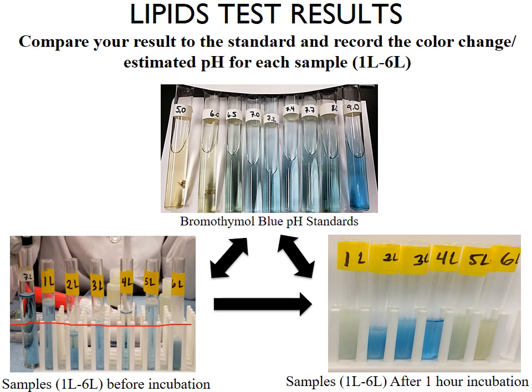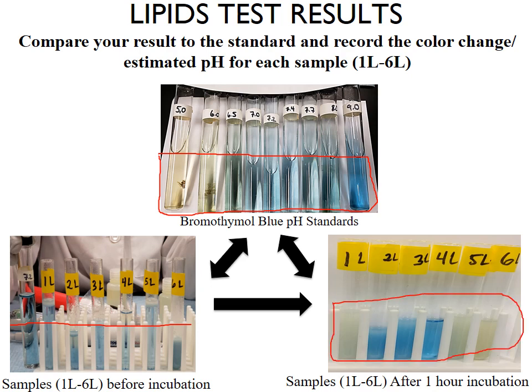And then here above is the different pH standard for bromothymol, and you can see the lower the pH, the more yellowish it becomes, and the higher the pH or alkaline, the more bluish it becomes.